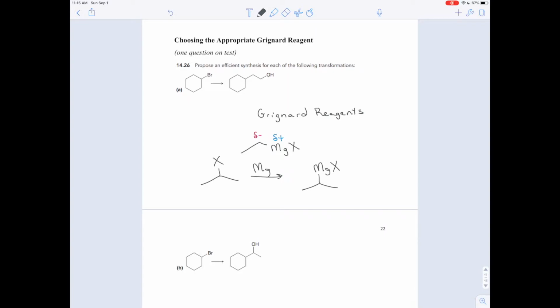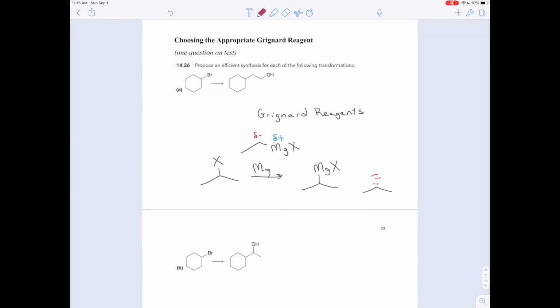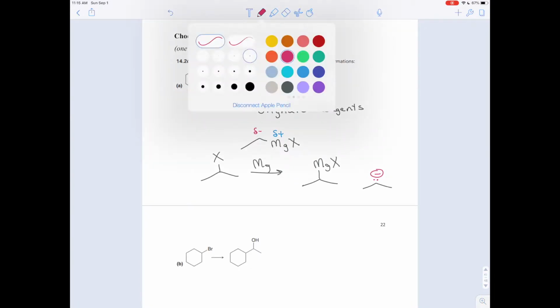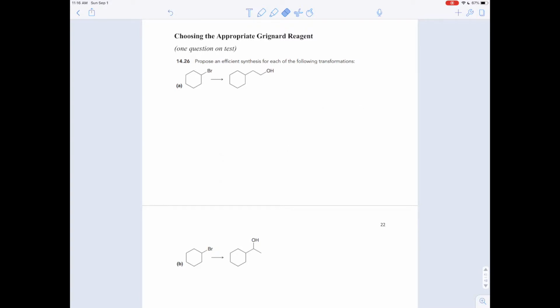And so now, really, you can almost think of that as just a carbon nucleophile there with a positive MgBr or MgX there.